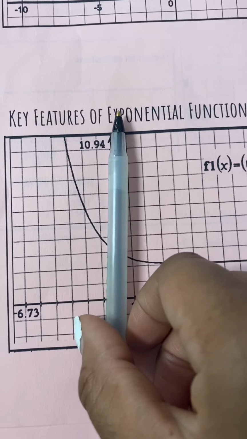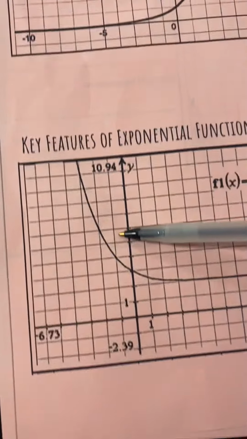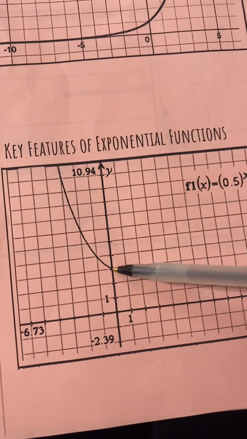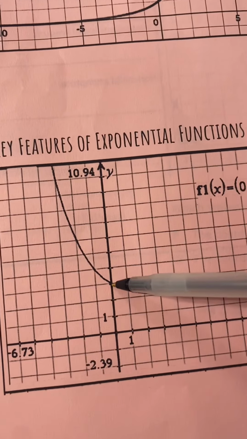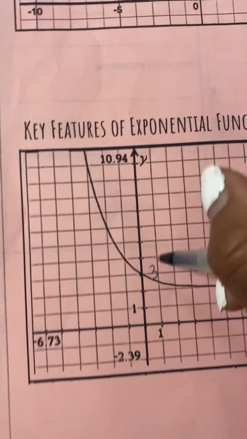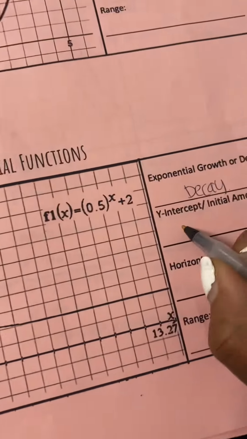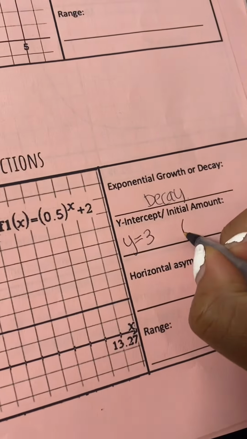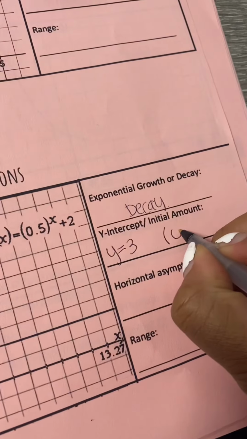So where does this curve cross this y-axis? It crosses it right here, which is 1, 2, 3, at 3, right? So your y-intercept is y equals 3, but you most likely might see it as a coordinate.